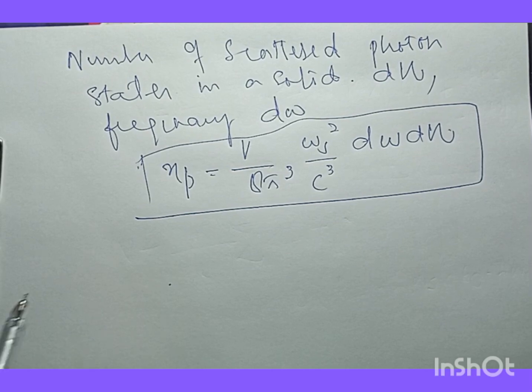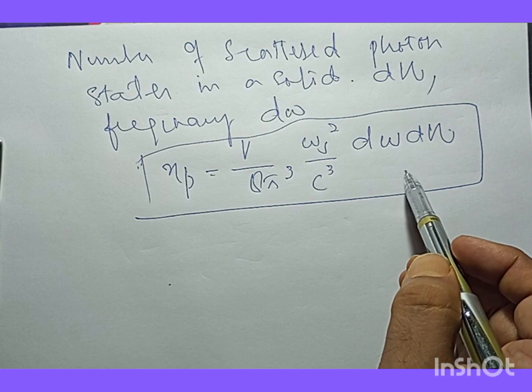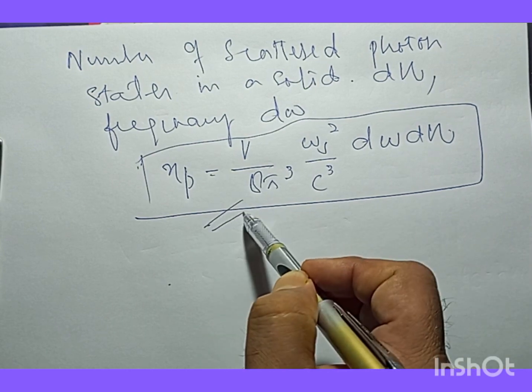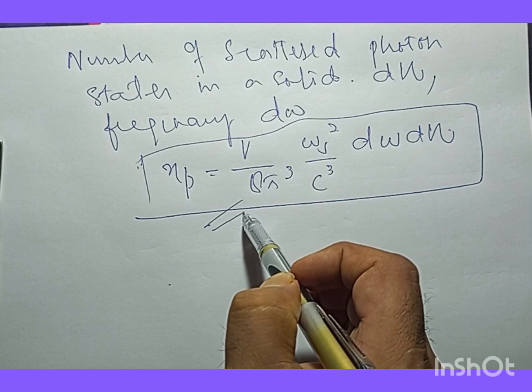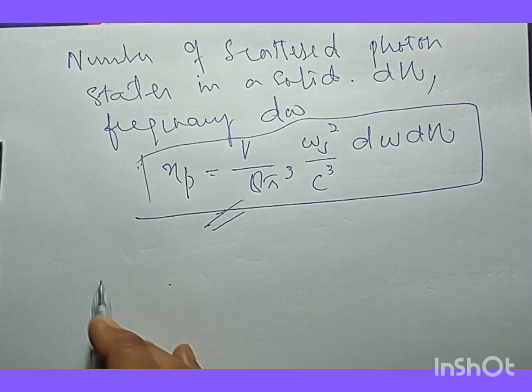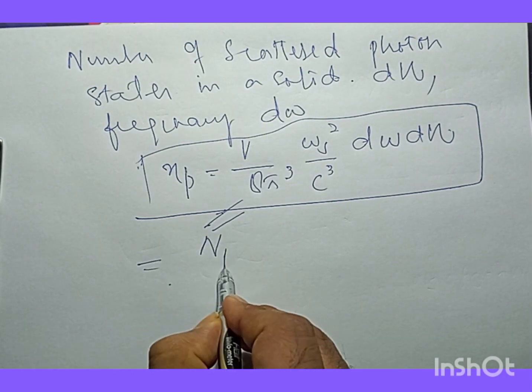Now, the number of transitions per unit time, per unit solid angle, per unit frequency interval, we can find by multiplying this number with this W, in a form that we can think of writing as NP.